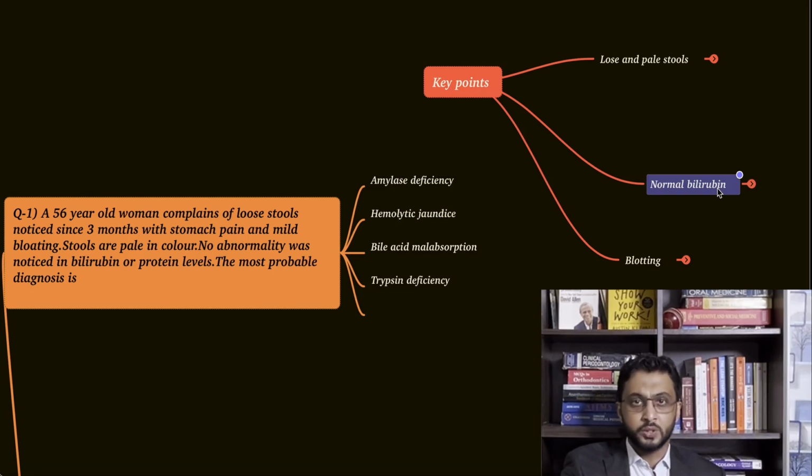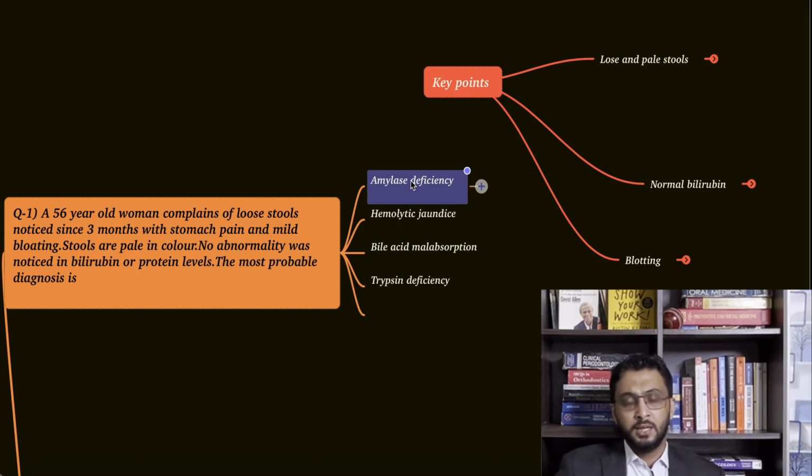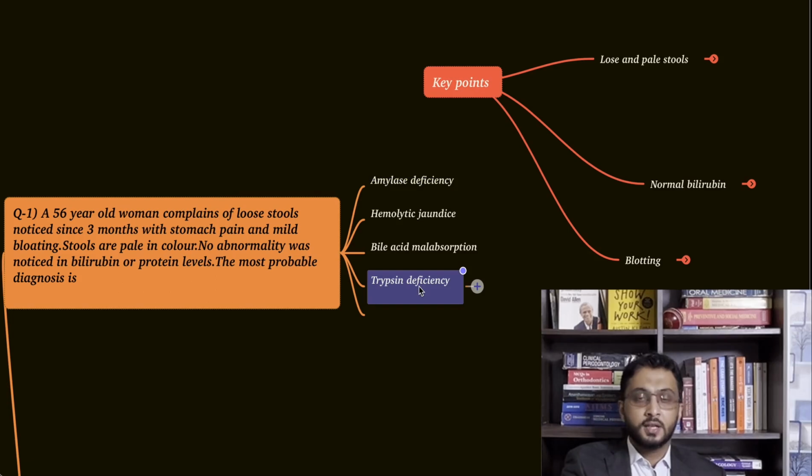I'm going to come to the description and details, don't worry. Bile acid malabsorption, let's keep that. Let's see trypsin deficiency and amylase deficiency. Definitely the answer for this is bile acid malabsorption. Amylase is an enzyme to digest carbohydrates, and trypsin is an enzyme to digest proteins.